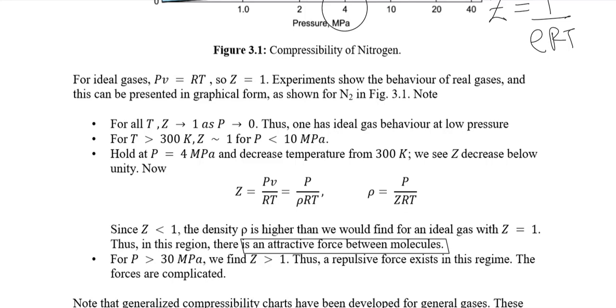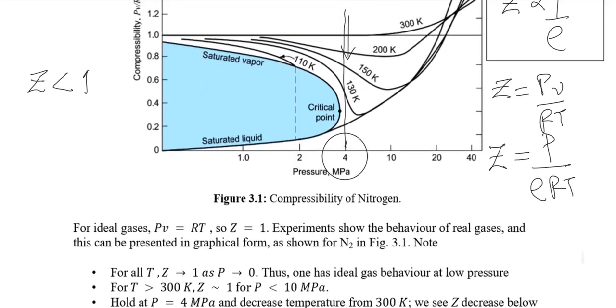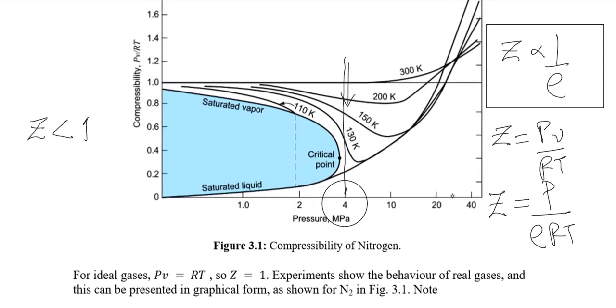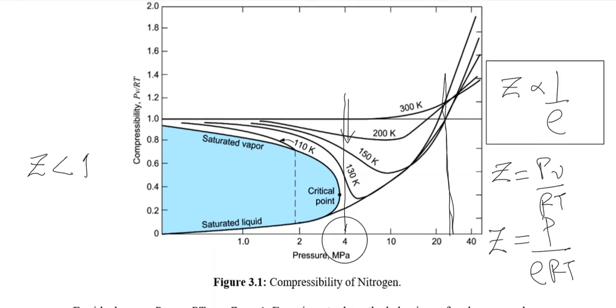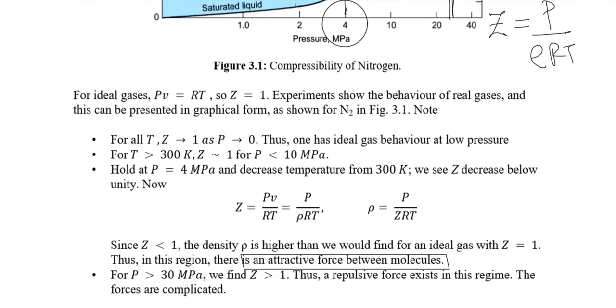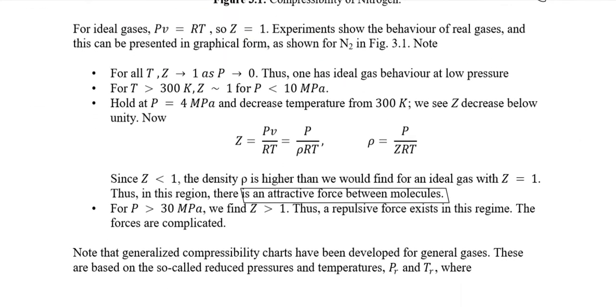Now, let's say we are talking about a pressure above, somewhere near 30 megapascal. For all the temperatures, if you can check, all the temperature lines are moving upward. So if I'm increasing the pressure, for all the temperature lines Z is greater than 1 now.